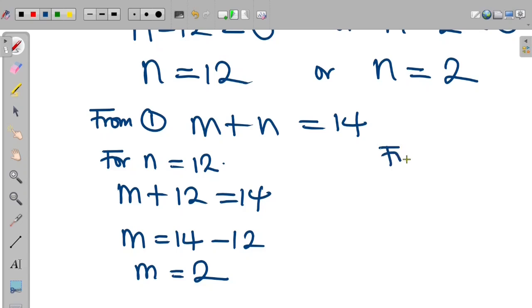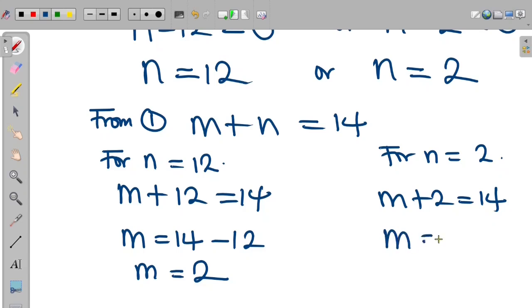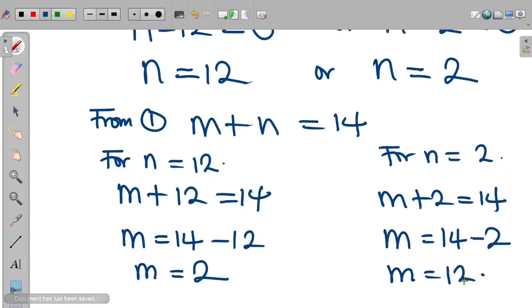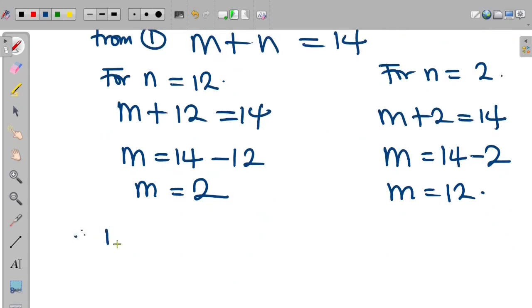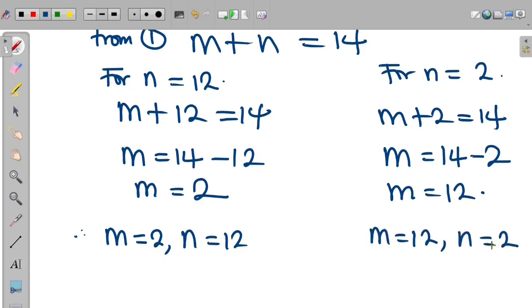Also, for n equal to 2, we have that m plus 2 is equal to 14. So we have that m is equal to 14 minus 2. So m is equal to 12. So we have it that m is equal to 2 and n is equal to 12. Also, we have m equal to 12 and n is equal to 2.